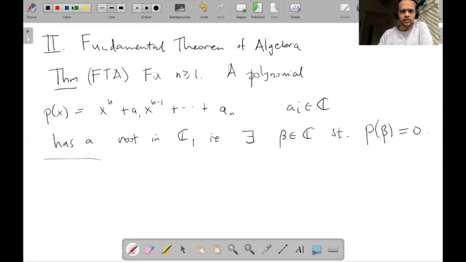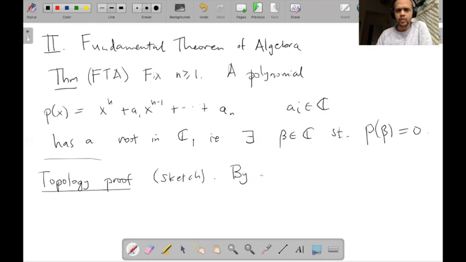Well, look, it's the fundamental theorem of algebra. So here's the topology proof. I'm just going to sketch it, although it's not hard at all to make this rigorous. So we'll prove this by contradiction.